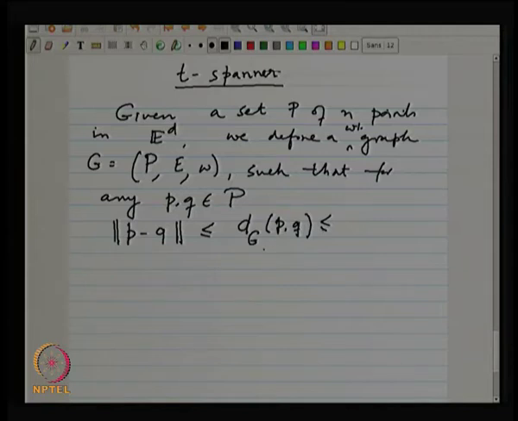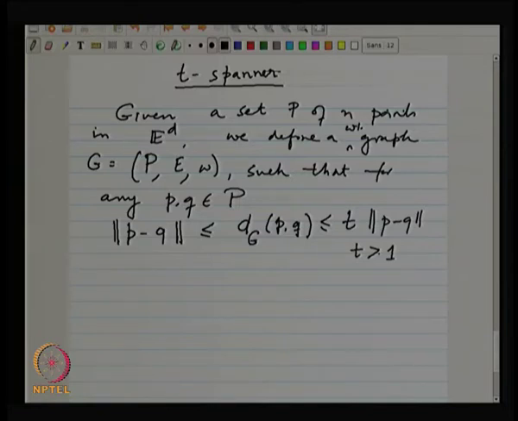It must be at least the Euclidean distance, so we do not have any contractions, and it is guaranteed to be at most t times the Euclidean distance, with t strictly greater than 1, let us say. So the distance could get dilated in this graph, but it will never get contracted.